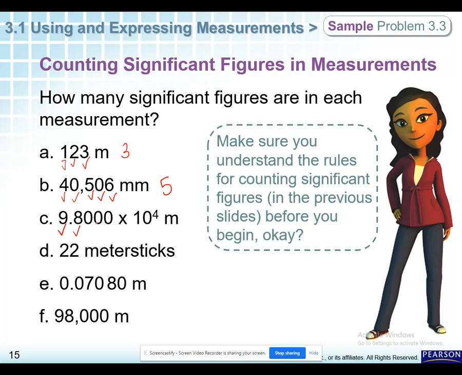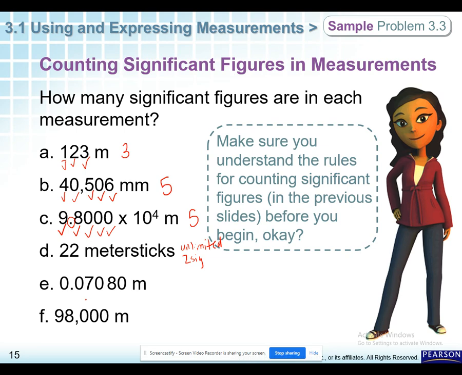So since these are trailing, I have to look for a decimal, and here's the decimal. Since I see it, these count. So this letter C also has 5 sig figs. Now letter D, you can argue if she counted 22 meter sticks, if she counted it, it's unlimited. But if she didn't count it, we could also say that it has 2 sig figs.